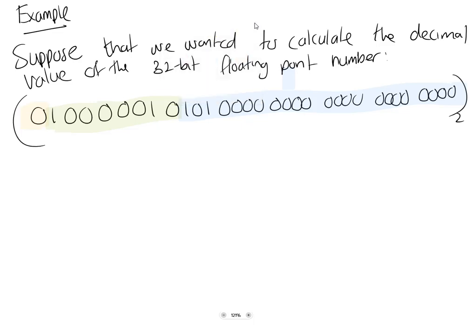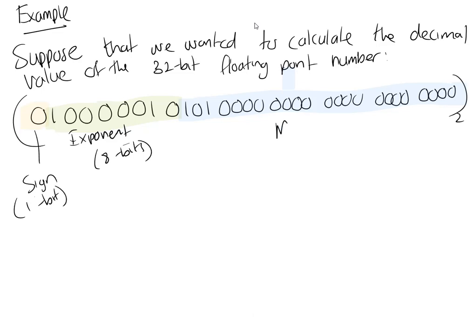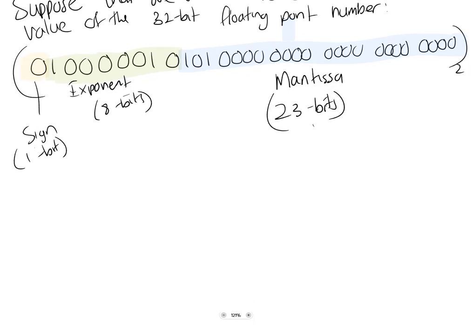So let's write it down. This is our sign, which is 1 bit. This is our exponent, 8 bits. This here is our mantissa, which is 23 bits. So far so good. Now let's interpret what we are seeing here.